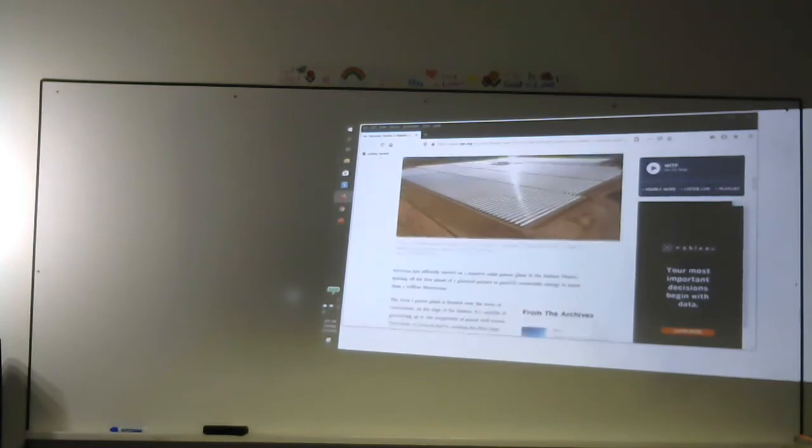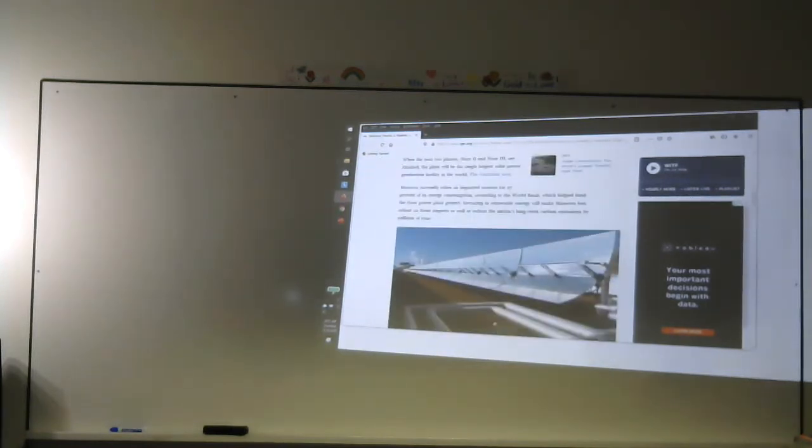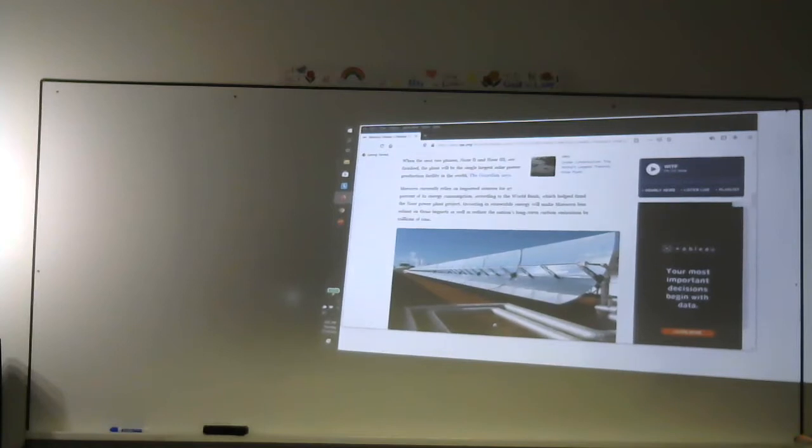But the reason why I wanted to show you this, there you see a good picture of the solar panels and what they actually do. They're technically not photovoltaic cells like most of the solar panels that SU has and like I have. These are mirrored surfaces that bounce the sunlight into one point.